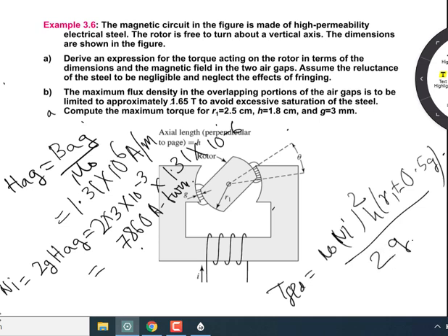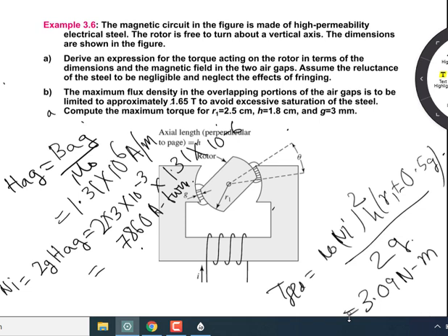So we know all the values: mu 0, ni, r1, g, everything is given to us. So this will result in, okay, so it's producing a huge amount of torque.